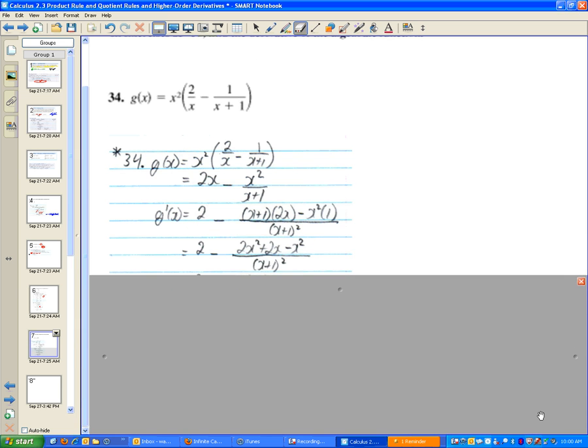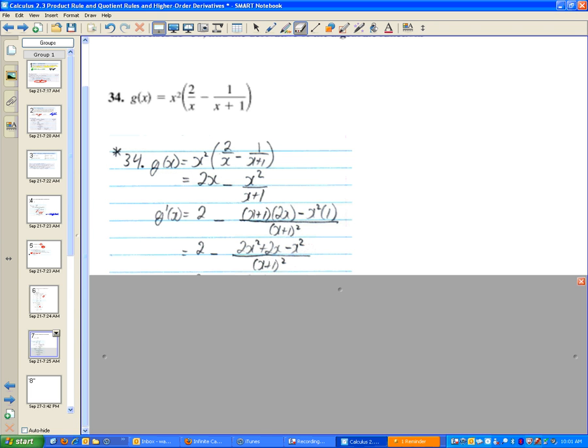So we've got 2 minus. All right, let's distribute the 2x. 2x times x is 2x squared. 2x times 1 is 2x. And then negative x squared times 1 is negative x squared.